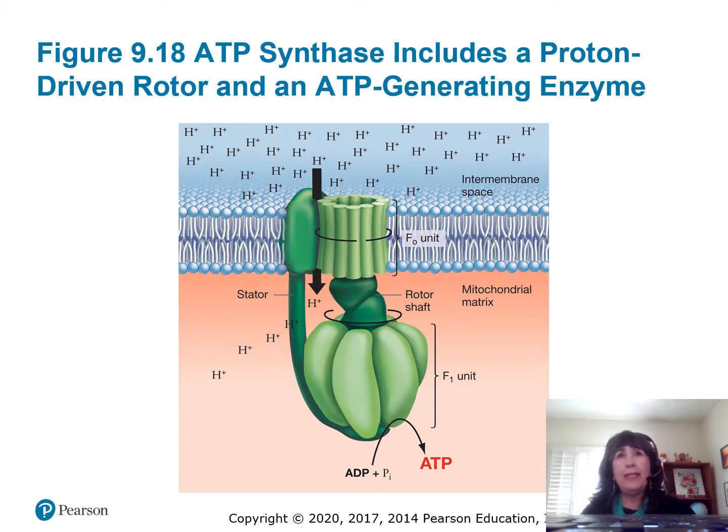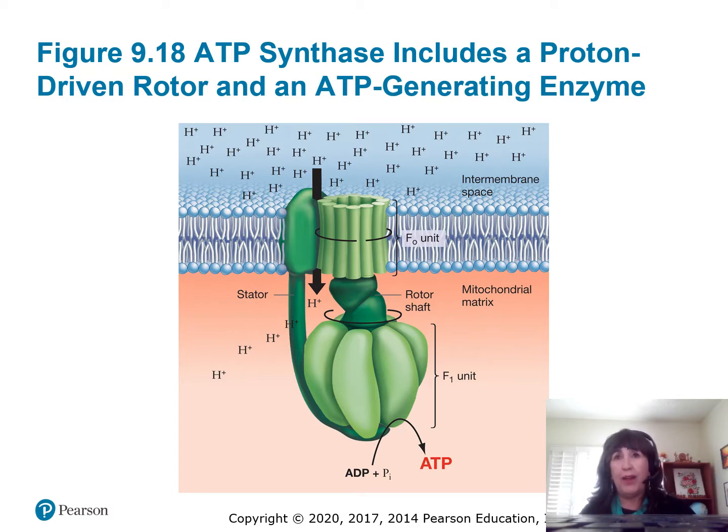Okay, so here we see ATP synthase. Notice that it is embedded in the inner membrane of the mitochondria, and notice that it's complex. Here's the base, here's the F1 unit, here's the rotor, here's the stator. So you see that it's this complex enzyme. And then you see this electrochemical gradient.